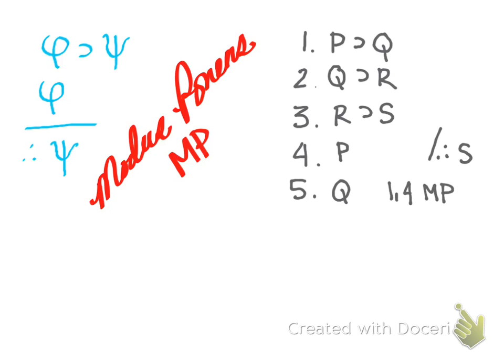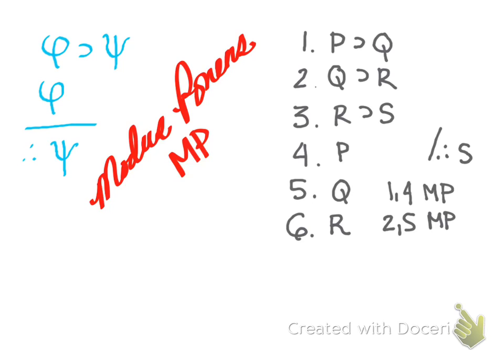Now, on line 5, we have the antecedent of the conditional on line 2. That means we can use modus ponens to put R on a new line, and we'll justify doing that by citing line 2, where the conditional is, and line 5, where that antecedent was, and the rule modus ponens.